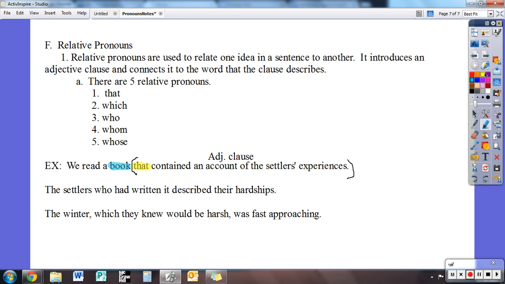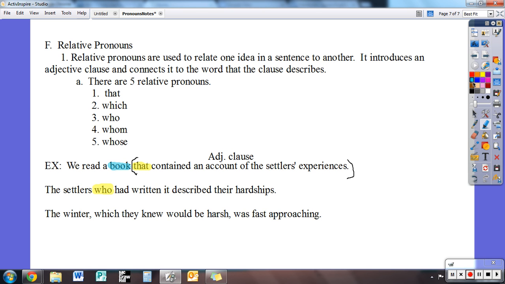The settlers who had written it described their hardships. All right, so first off, we need to select one of these pronouns out of the list. See the word who. Who had written it described their hardships. Well, we've got 2 words to choose from, either the or settlers.